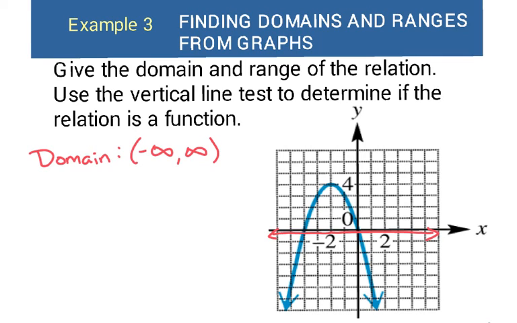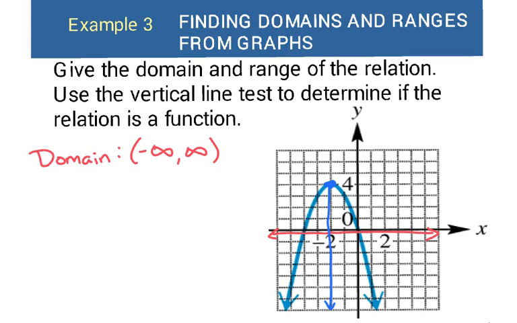For this type of graph, we have to see where it begins or where it ends. Remember, reading a graph, we always go from left to right when we're reading for the domain, and when we're reading for the range, we read the graph from the bottom to the top. So from the bottom, this graph extends forever down into the negative range, and then it goes up to this point right here.